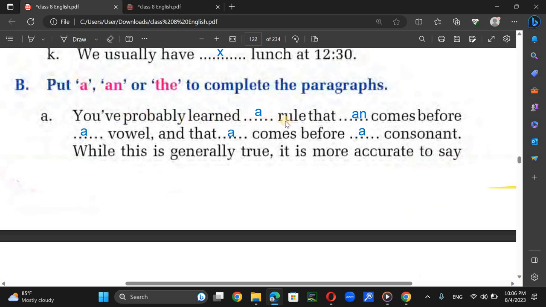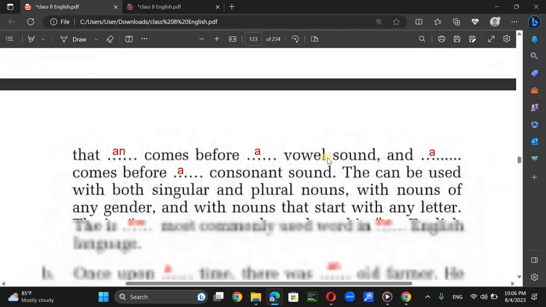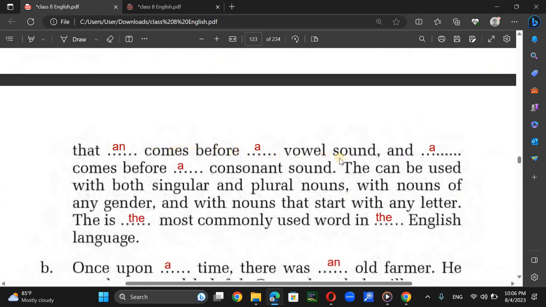Now fill in a, an, or the to complete the paragraph. You have probably learned the rule that an comes before a vowel and a comes before a consonant. Well, this is generally true. It's more accurate to say that an comes before a vowel sound, not vowel only, vowel sound.